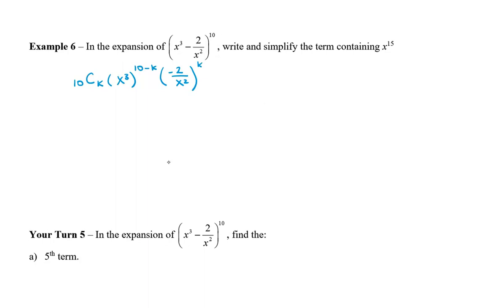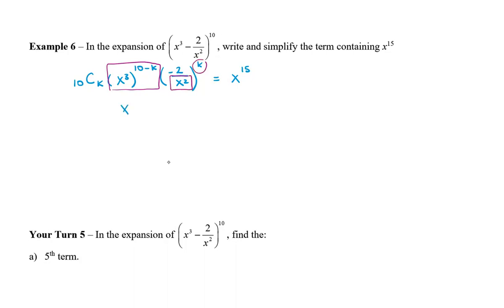Somewhere along the way, we know that this has to equal x to the 15. I'm not really concerned about what the numbers are, like the negative 2 here, but we are concerned about the power of x. So we need to look at this part here, and also this part here, which also has a power of k.